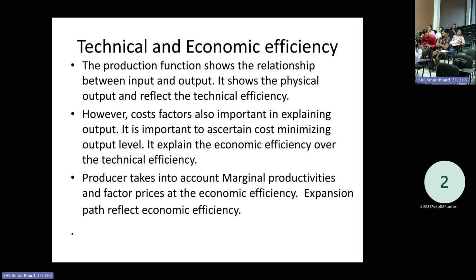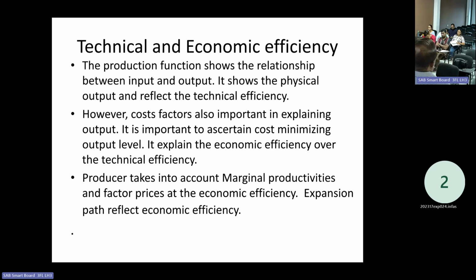You can recall the previous discussion. These are the conditions that apply when the producer maximizes the output level, or when the producer optimizes the output level.